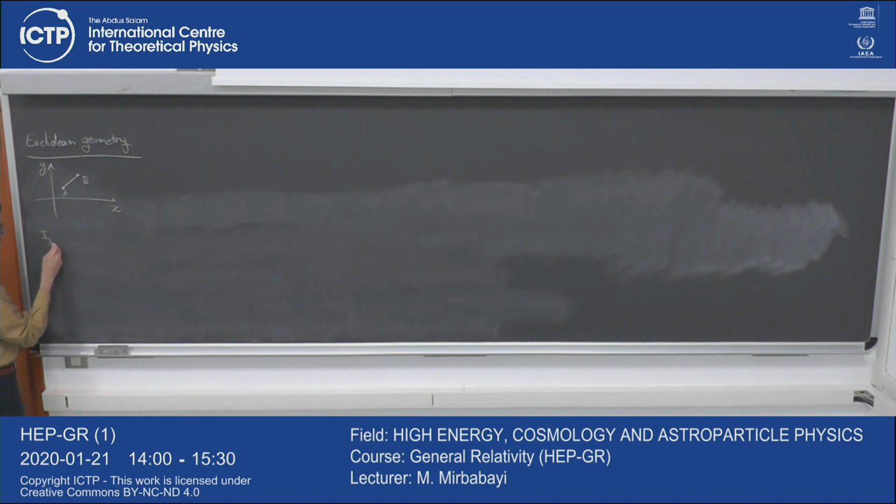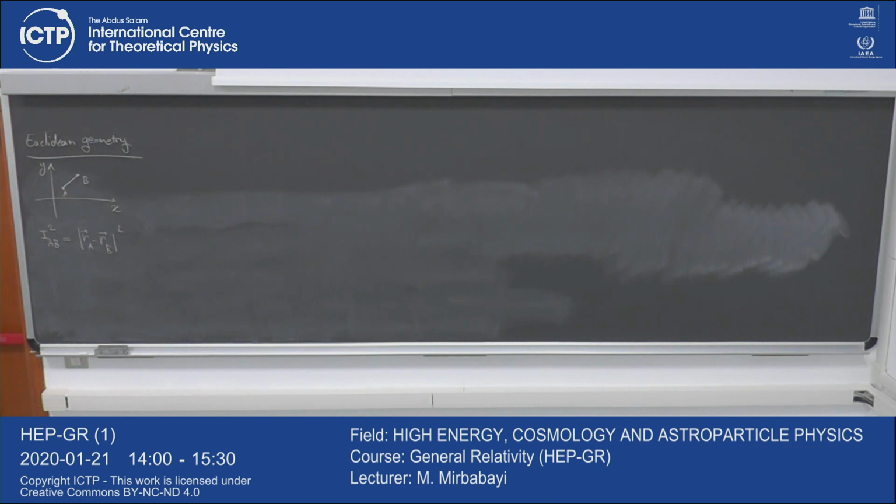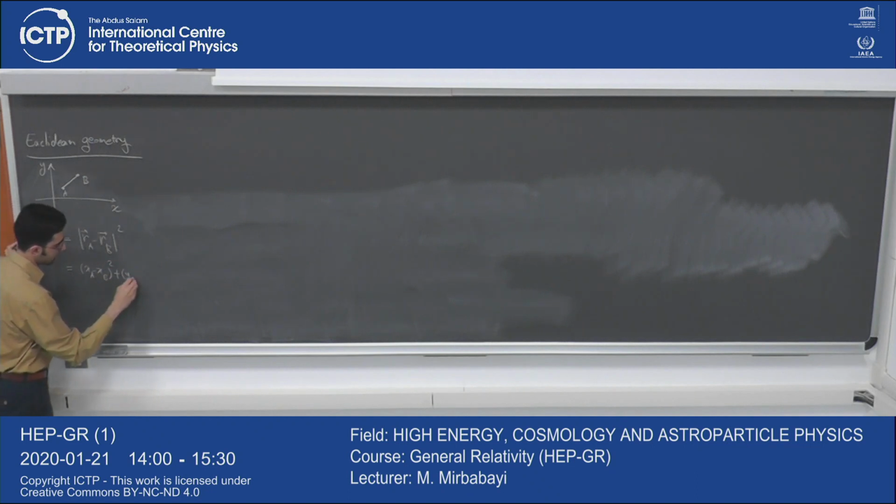Let's call that the Euclidean interval I_AB, defined by I squared equals (r_A minus r_B) squared, the Euclidean distance between these two points. In terms of coordinates x and y, that is (x_A minus x_B) squared plus (y_A minus y_B) squared.